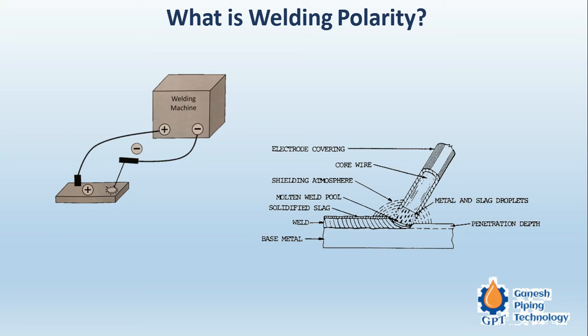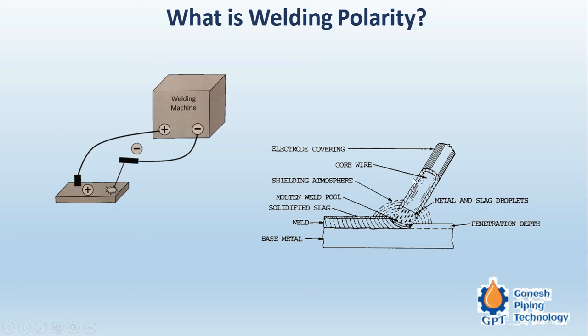So in that we have to control the current, because for smaller gauge electrodes you require less current. For higher gauge electrodes you require more current for melting the filler metal. So here we can see the diagram. This is basically the parent metal, and this is the filler metal. The electrode, this is the metallic electrode.